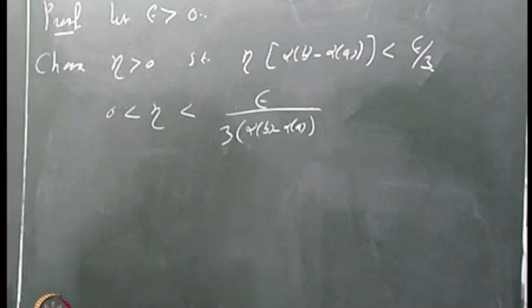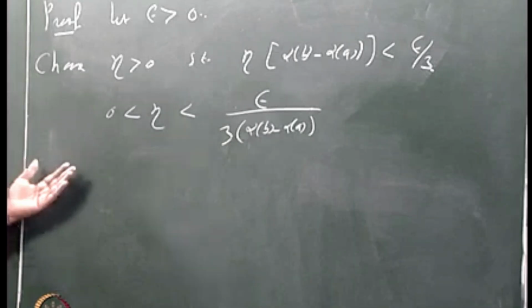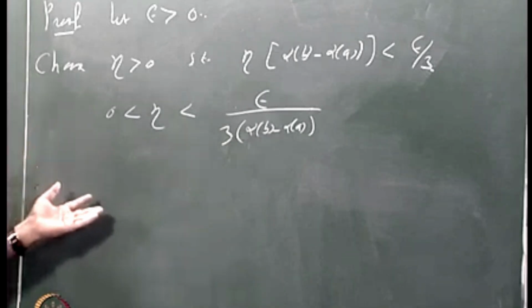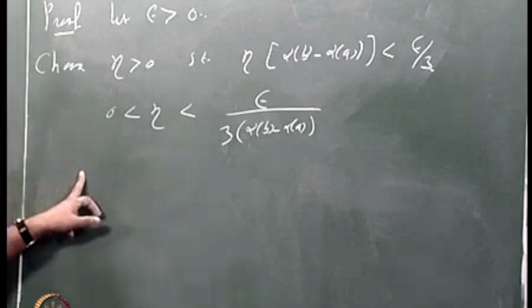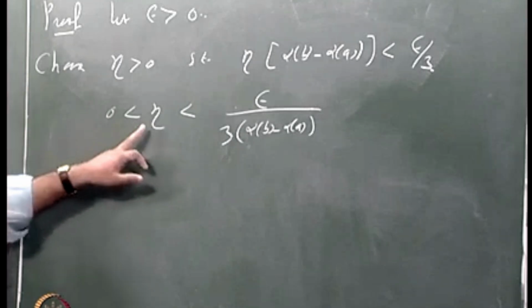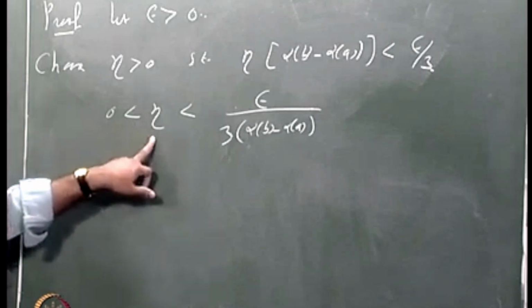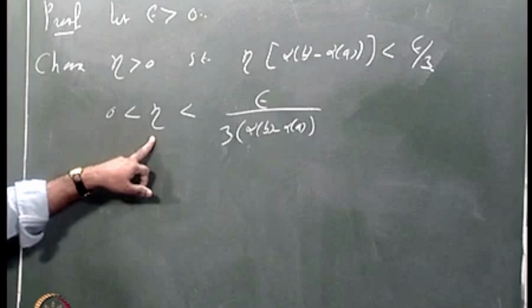This is something we can always do, right? Then since fn tends to f uniformly, we can always find some n0 such that whenever n is bigger than or equal to n0, the difference between fn x and f x is less than this eta.